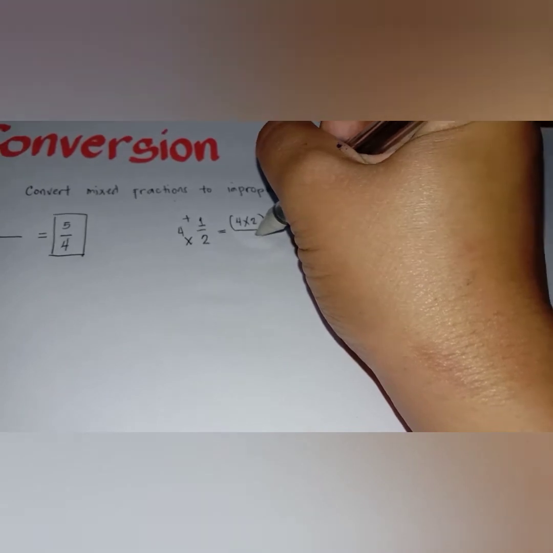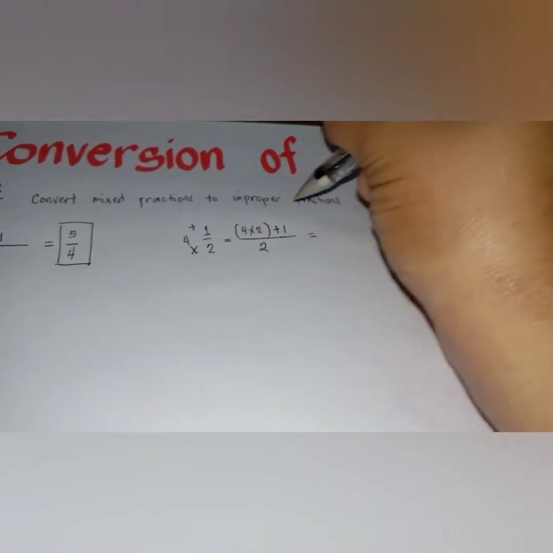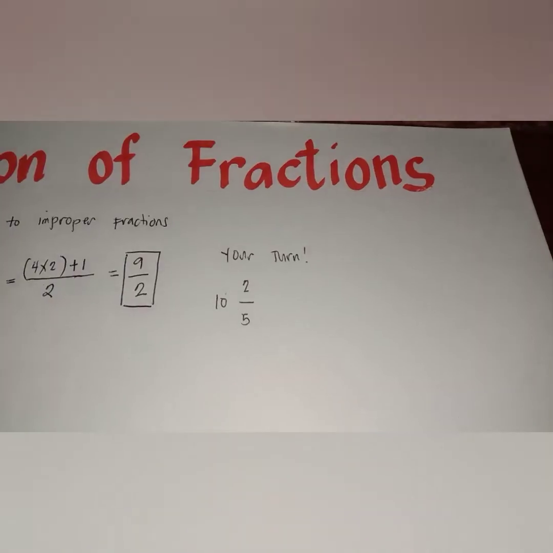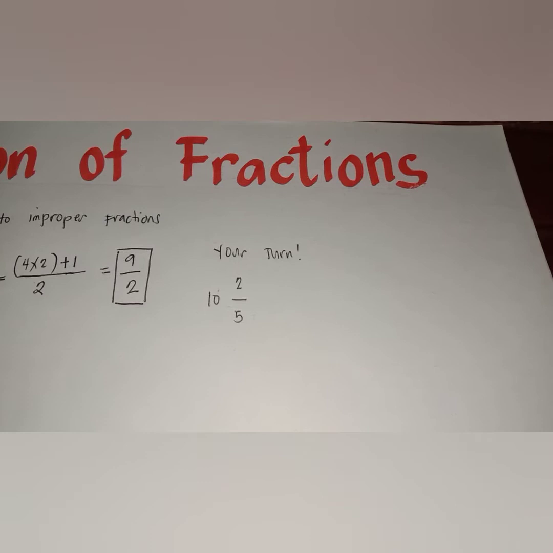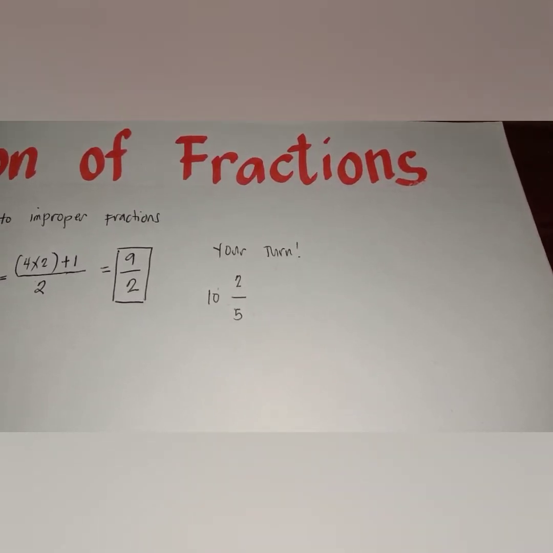Copy the denominator. So your answer is 9/2. It's your turn. Can you convert 10 and 2/5 to improper fraction?